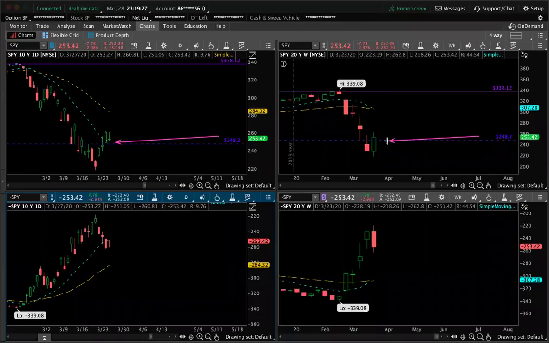That was an important level to close above. We actually closed inside of the daily 14 and 30 SMA. This is very important, very important. And as long as price holds 248.20, that's exactly where the 14 SMA is going to be at. It's actually curving to come basically below that level, and that's what we want.